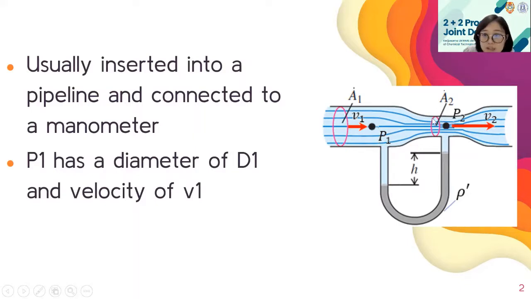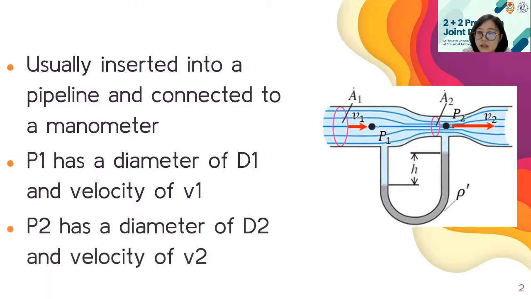While in the neck, or point 2, it has its own cross-sectional area, which, as you can see from the diagram, is smaller than point 1, but of course the velocity at this point will be higher as compared to velocity 1, and it also has a pressure 2, which is lower than pressure 1.